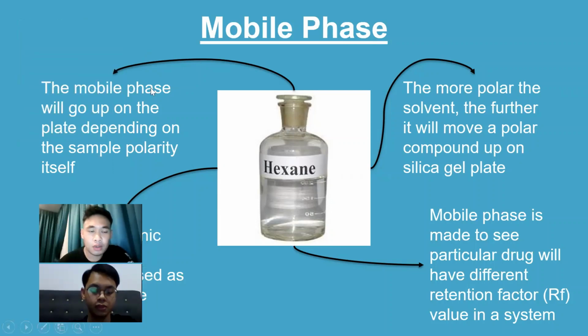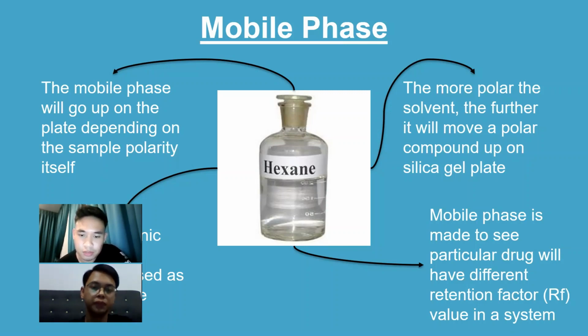When the mobile phase is polar, it will move the mixture further along the plate. When the mobile phase is non-polar, it will move the mixture further from the mobile phase.